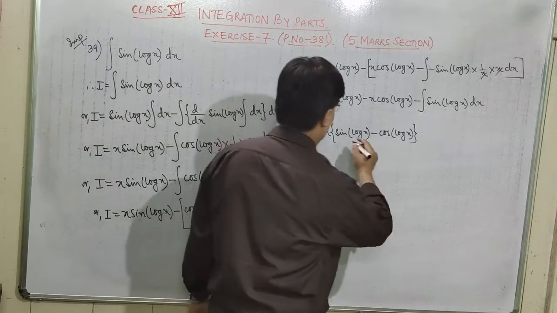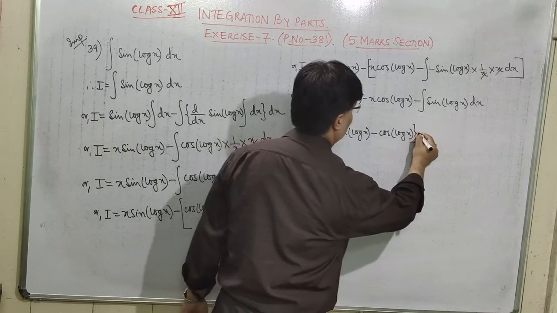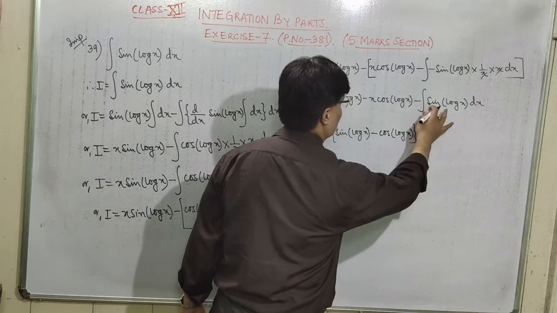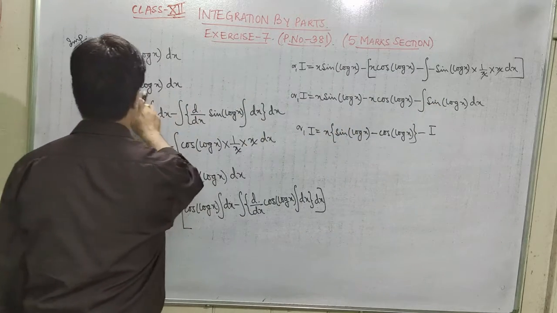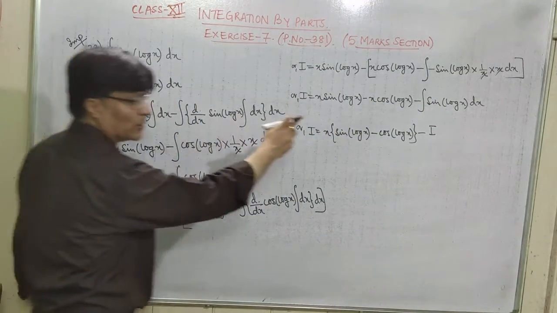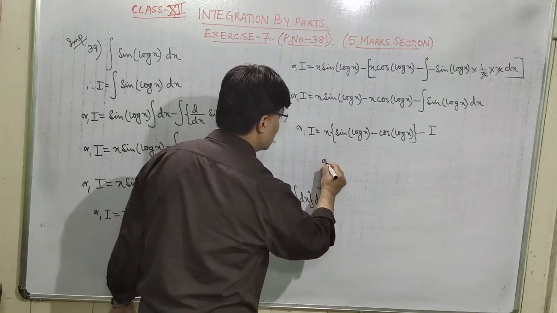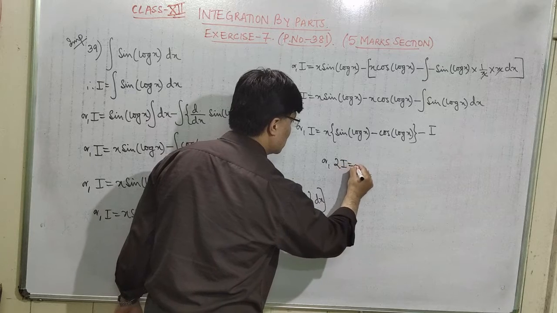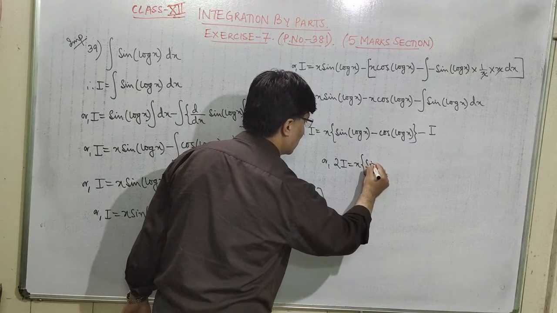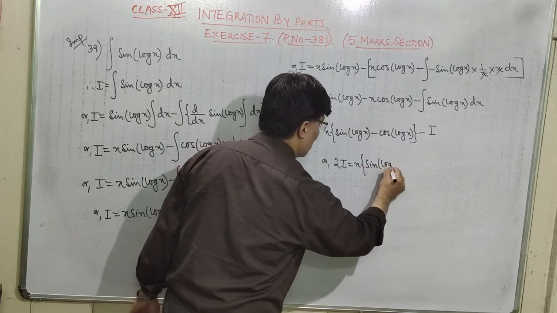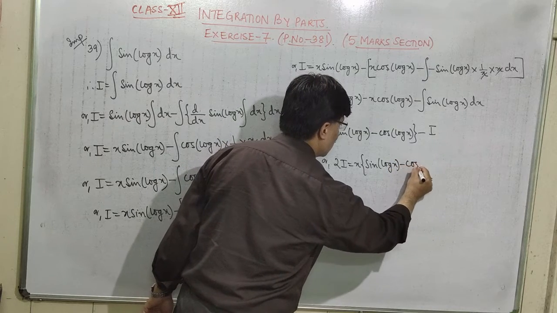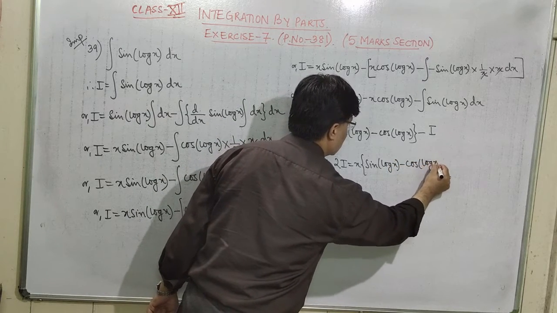So I think you have understood it. Then you have to write minus I. Instead of this integration of sine of log x dx is I. So instead of this integration you can write I. So minus I is taken to the left hand side. So it becomes 2I is equal to x within second bracket sine of log x minus cos of log x.